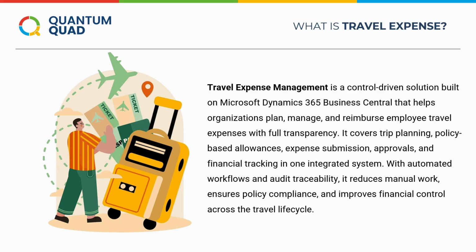It covers trip planning, policy-based allowances, expense submission, approval workflows, and lastly, financial tracking. With automated workflows and built-in audit traceability, it eliminates manual work, ensures your team stays within policy, and gives the finance team full control over travel expense.